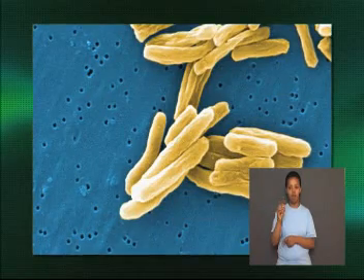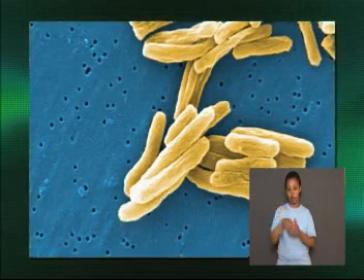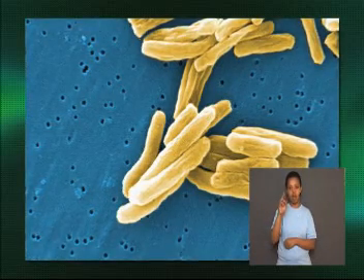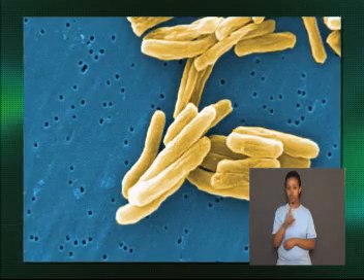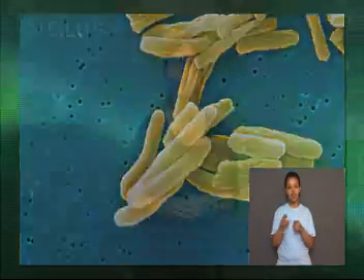The kingdom Monera includes organisms that are prokaryotic. This means that they are single-celled organisms that do not have a nucleus. Let us review a few of the characteristics of prokaryotic cells.